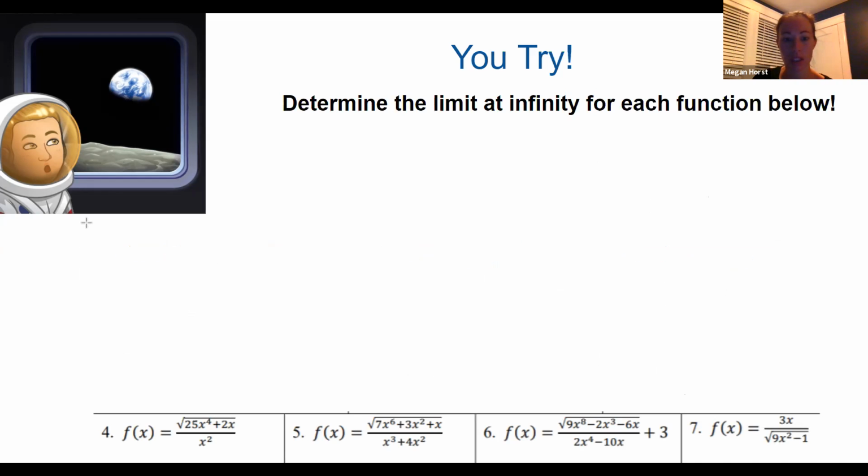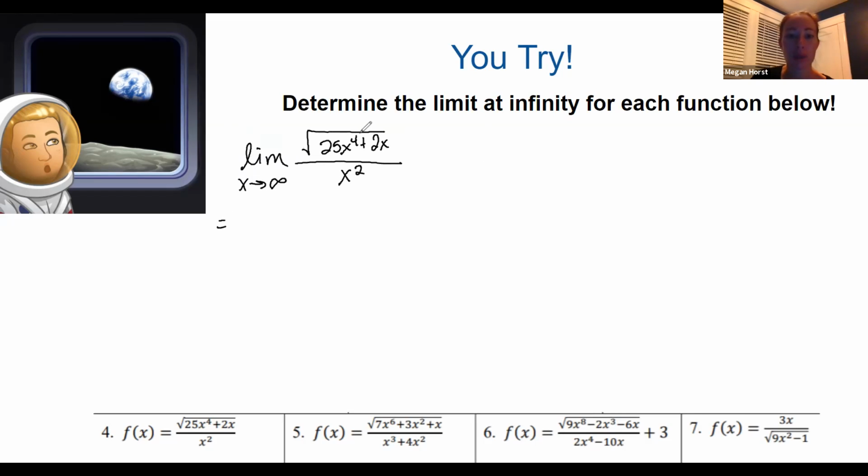Let's take a look at these square root functions and then move on to the next section. All right, so our next one is number 4, which is the limit as x goes to infinity of the square root of 25x to the 4th plus 2x all over x squared.